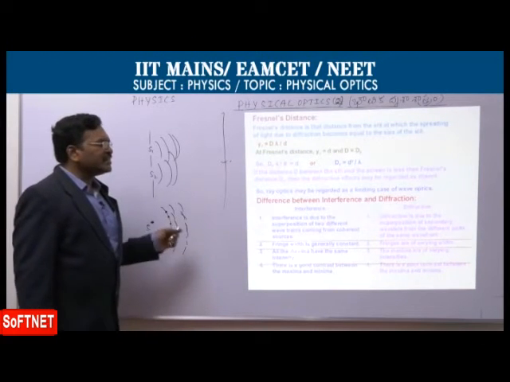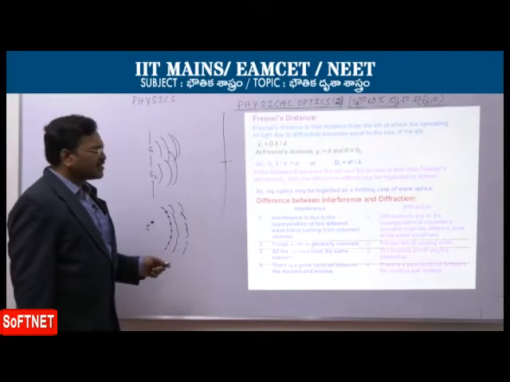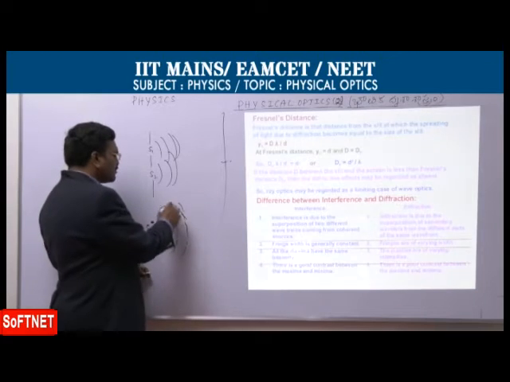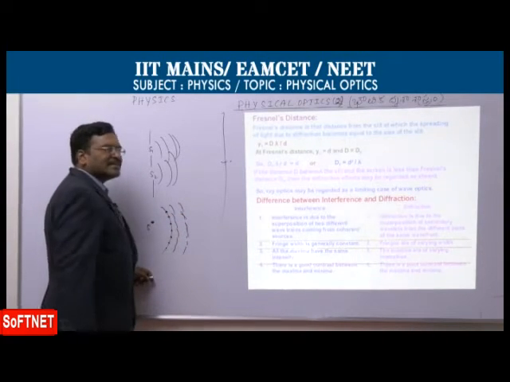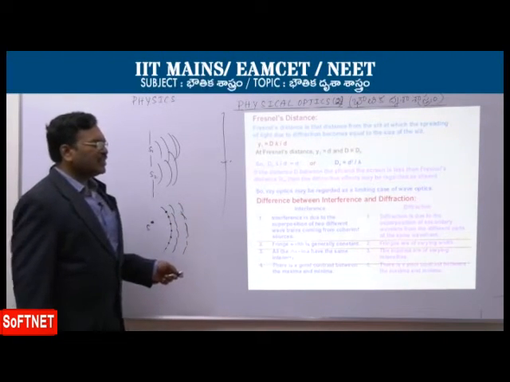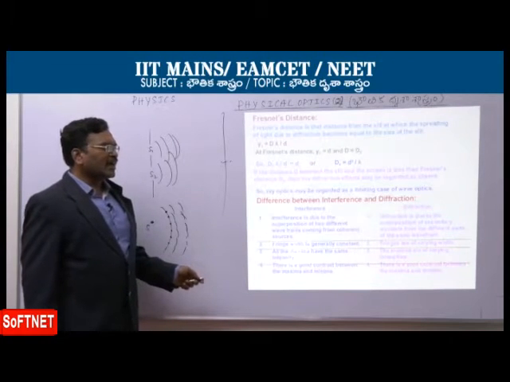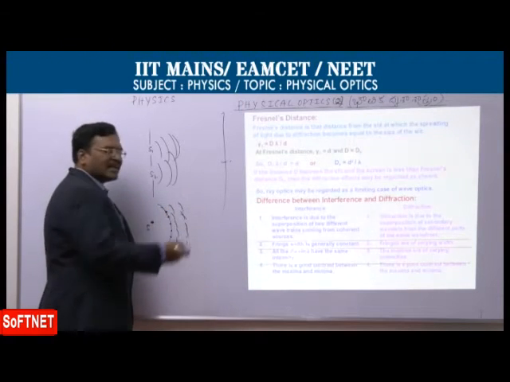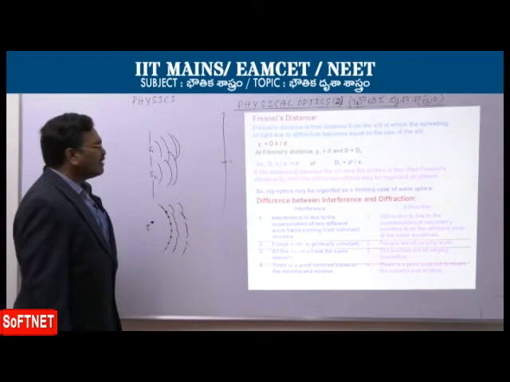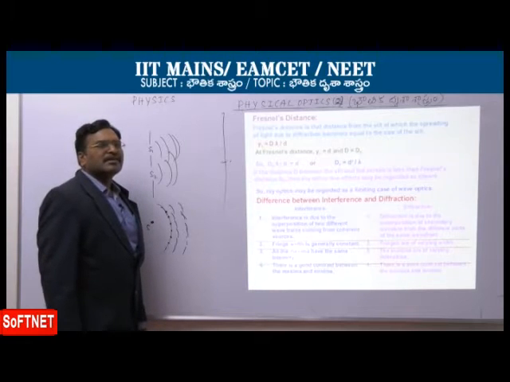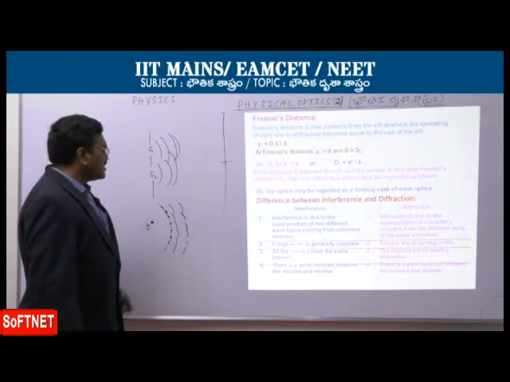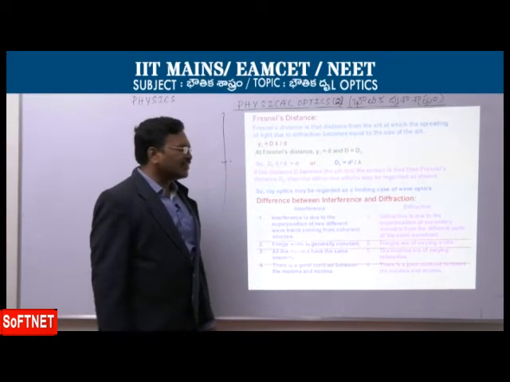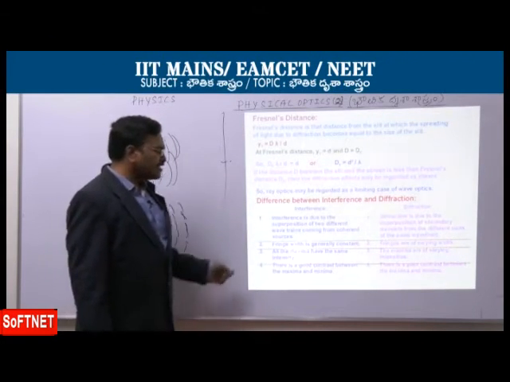Variation in the intensity in the region of superposition of light waves is called interference. Diffraction is also the same thing, but here it is superposition of light waves coming from the same wavefront: superposition of secondary wavelets from the different parts of the same wavefront. According to Huygens' principle, as you already know, every point on the primary wavefront acts as a source of secondary wavelets. When these secondary wavelets are superimposed, we get a variation in the intensity. That is diffraction.